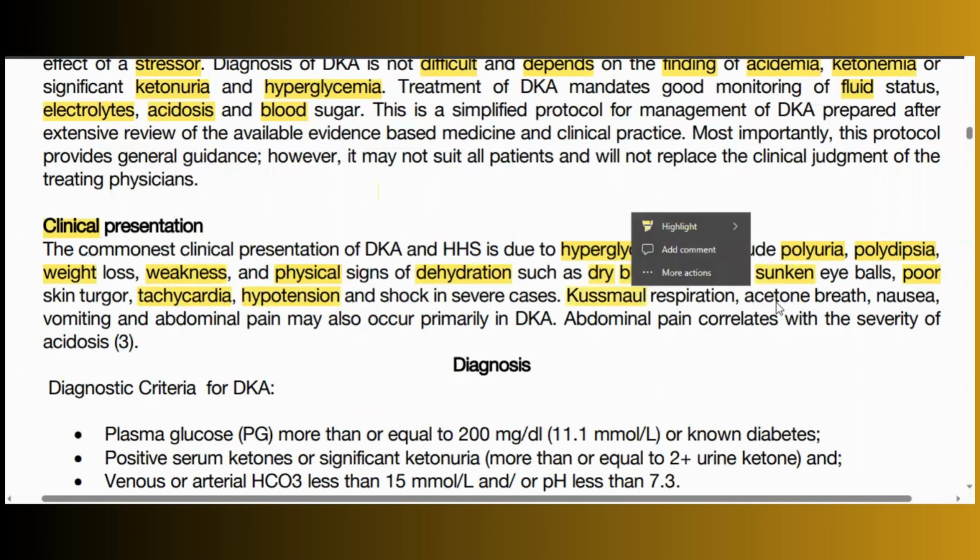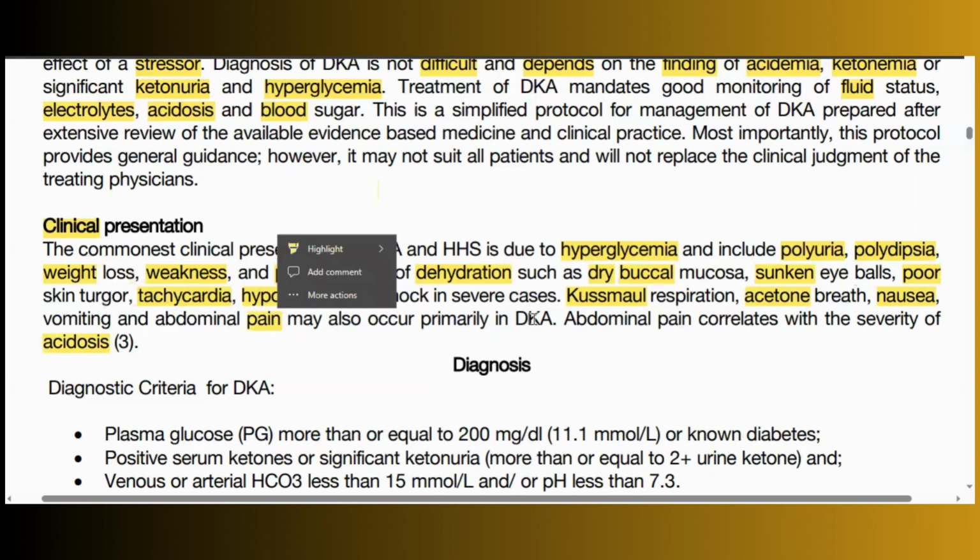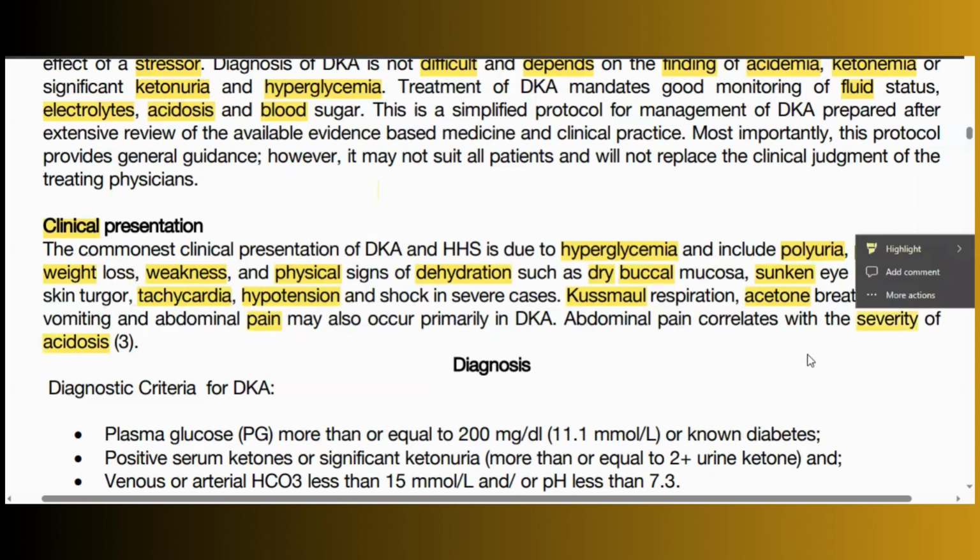Kussmaul respiration and acetone breath, nausea, vomiting, and abdominal pain may also be present in DKA. Abdominal pain correlates with the severity of acidosis.